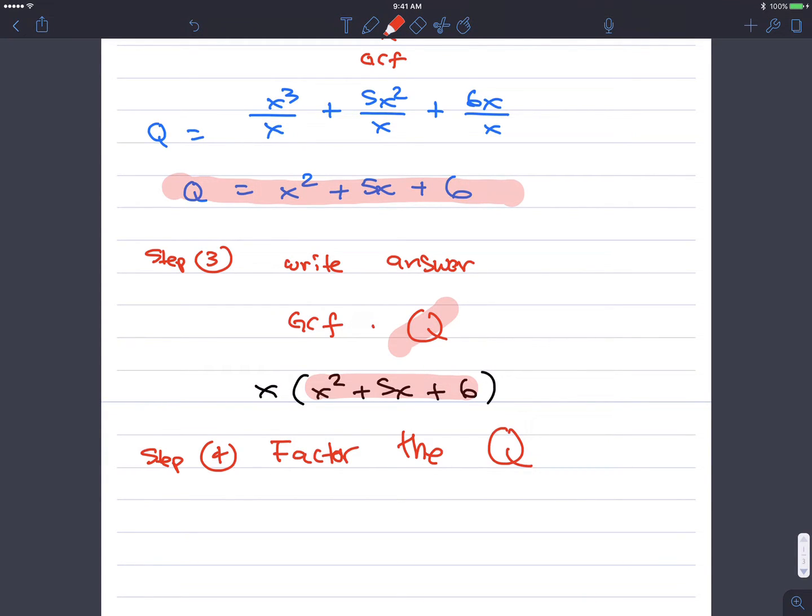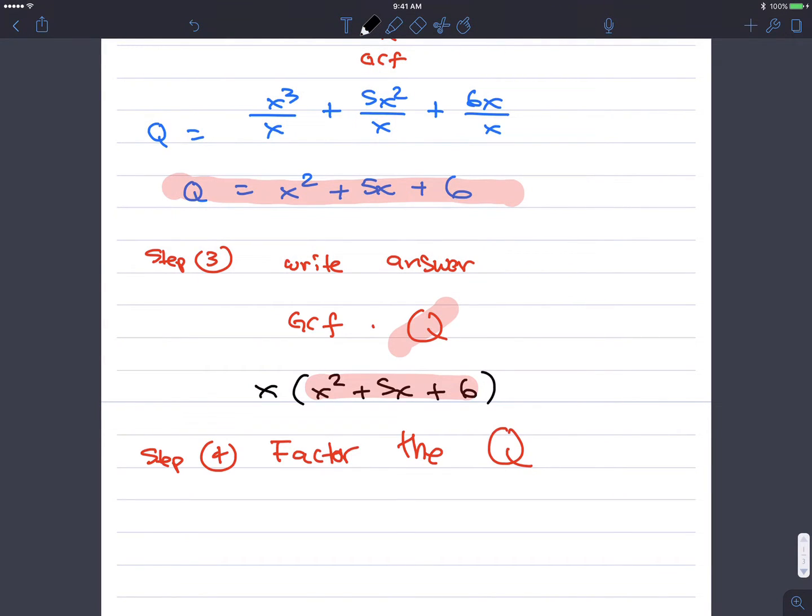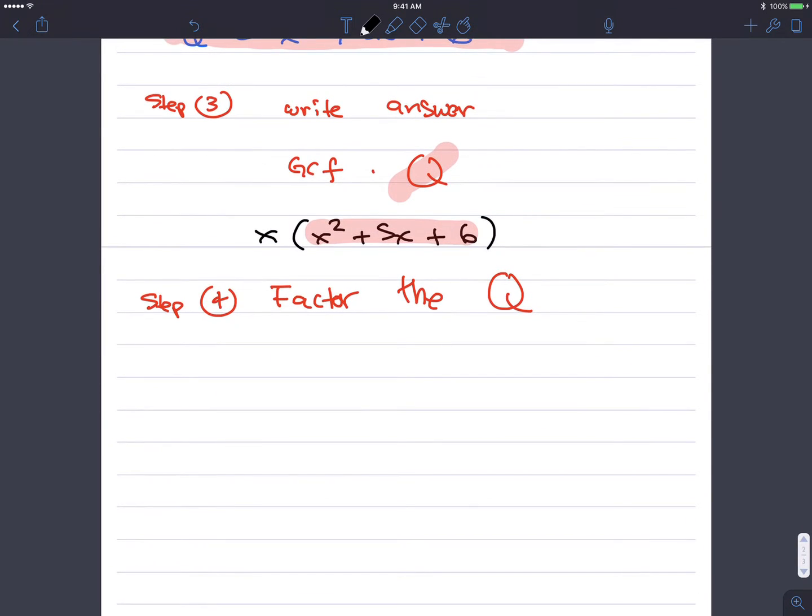So you take a very good look at the quotient, and then you ask yourself, can you factor this? You would know how to factor x squared plus 5x plus 6. Let's recall, what recipe do I use to factor x squared plus 5x plus 6?